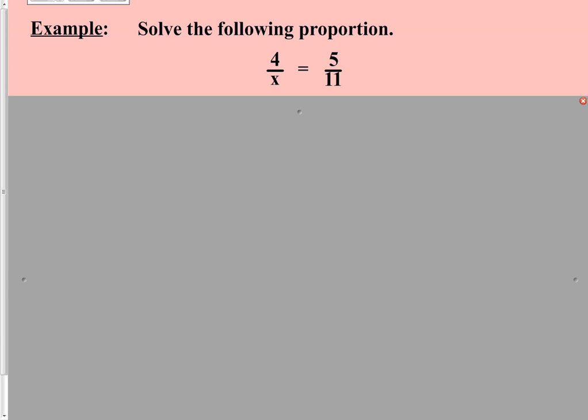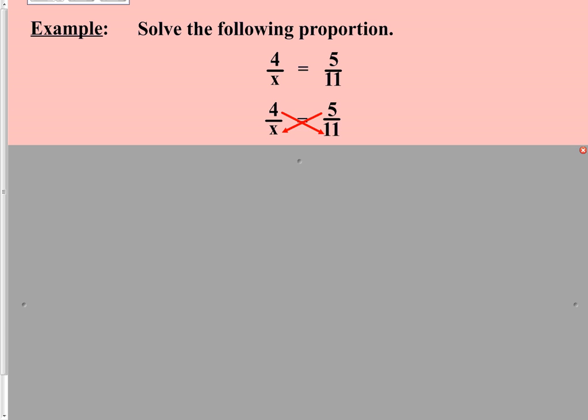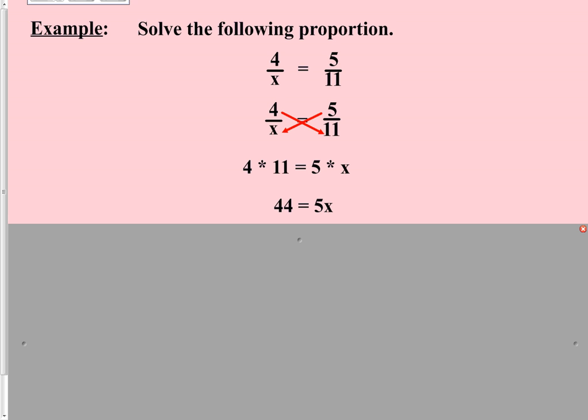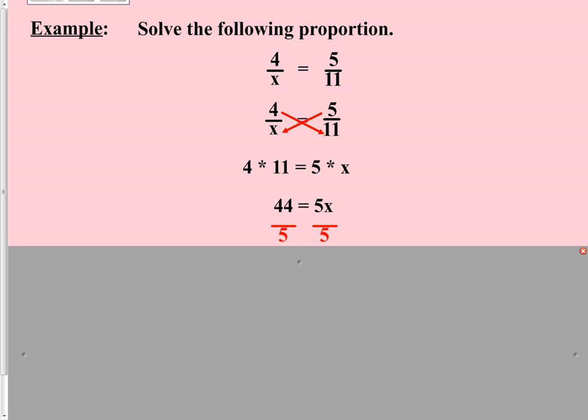Okay, so if we wanted to solve it, well, we need to cross multiply so we can get x going and solve for x. So once again, we'll cross multiply. So 4 times 11, and that will equal 5 times x. Well, obviously 4 times 11 is 44, and 5 times x is 5x. Okay. Well, we do not want 5x's, we only want 1, so clearly the next step would be to divide both sides by 5.